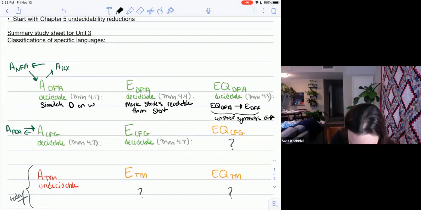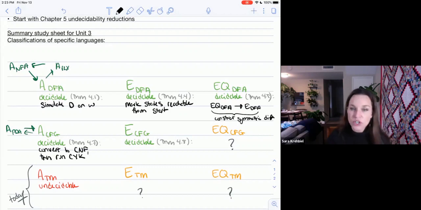The proof we gave said, first convert your grammar to an equivalent Chomsky normal form grammar, and then run the CYK algorithm on the Chomsky normal form grammar and whatever string was the input to the ACFG problem. So instead of simulating, there's not really a machine to simulate here, but we have an algorithm that does this parsing problem, so we can use that algorithm that we've already talked about.